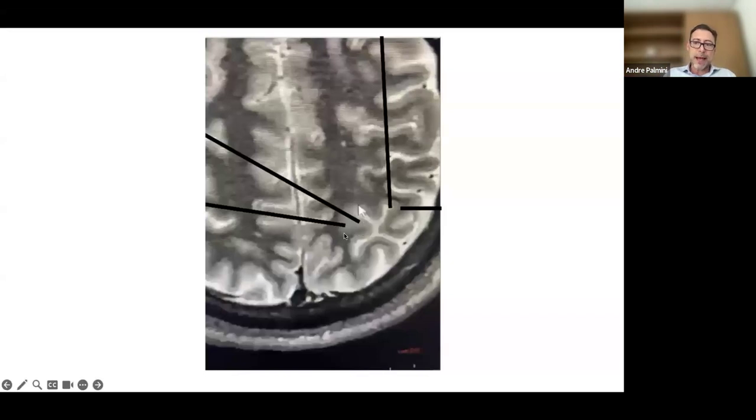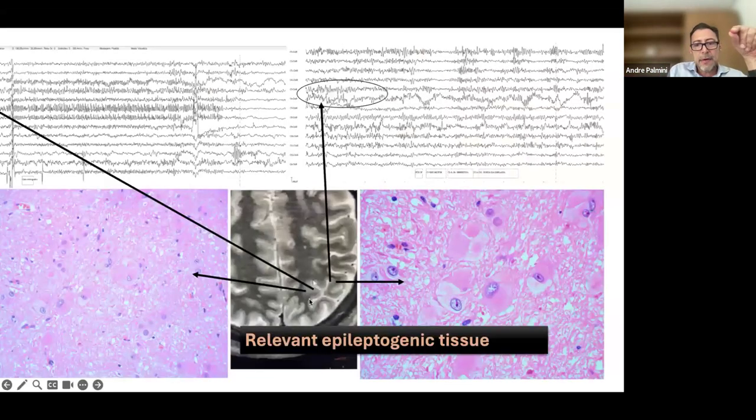Few would dispute that you have here a very clear increase in this cortical thickness, okay? But then if you see in that particular area where the cortex is thick and blurred, you have many balloon cells, etc., and you have these frequent electrographic seizures from here.